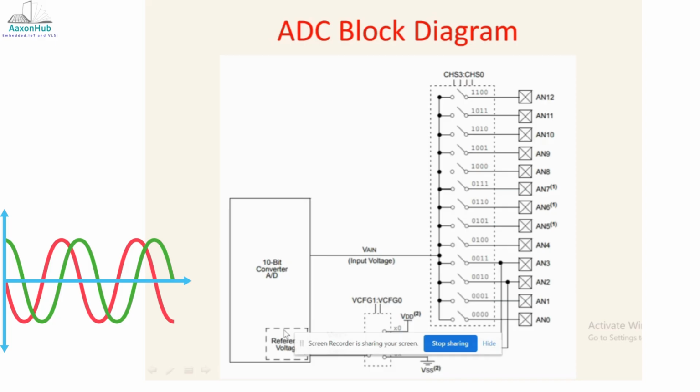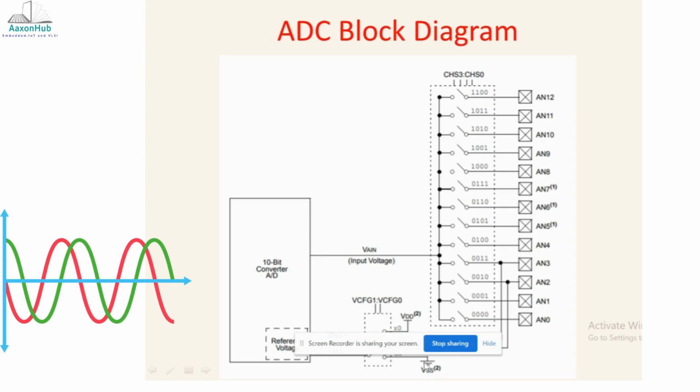As this ADC is a SAR, successive approximation ADC, there is a reference threshold voltage. Whenever sensor data comes from one of the channels, that will be considered as V in, which gets compared with the V reference voltage. For V reference there are two options: either V reference plus and minus, or VDD and VSS.